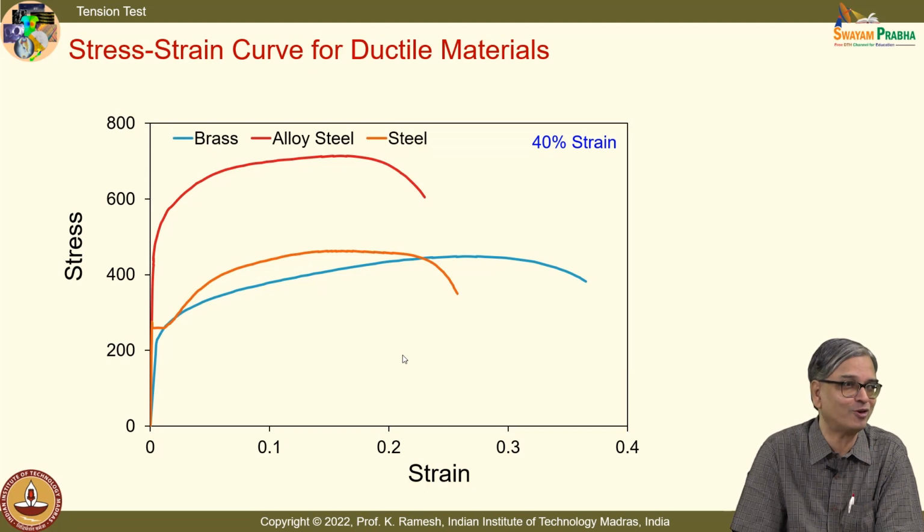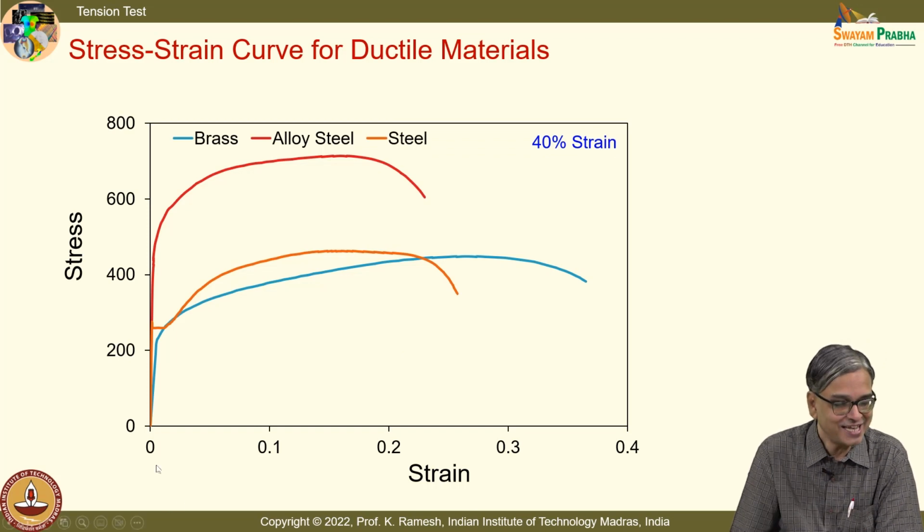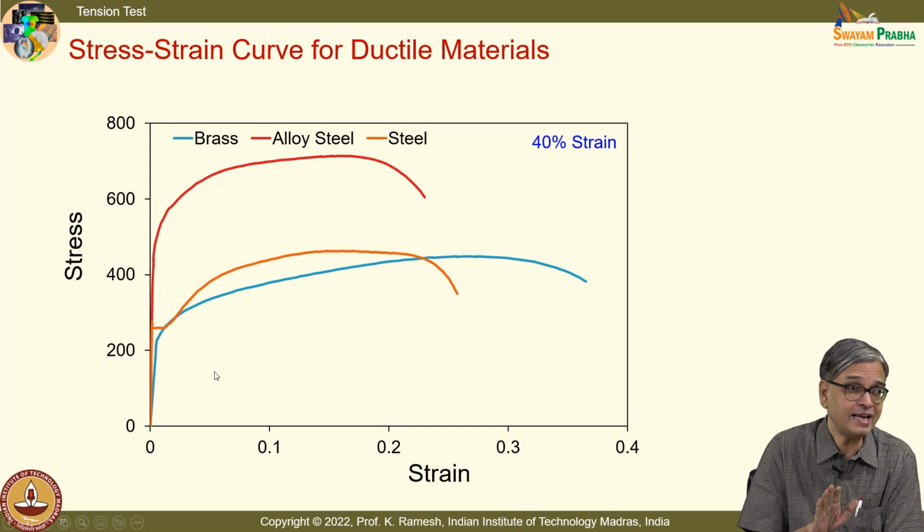How do you say it increases? I got the answer I wanted, because first you should make a mistake. Only if you make a mistake, you understand the concept better. See, you look at here brass, you look at here steel. I see this region distinct for a brass. I do not see from this graph, we will also see subsequent graphs, there is no distinction in this initial slope between alloy steel and mild steel.